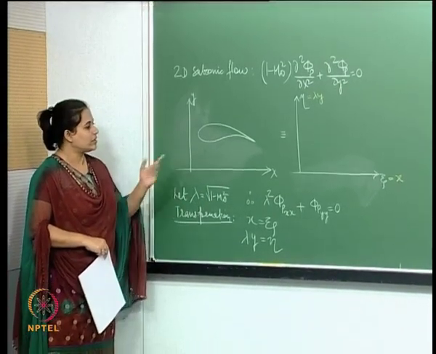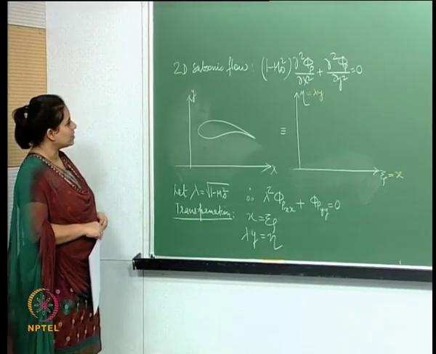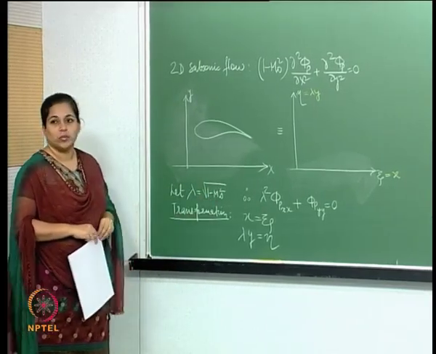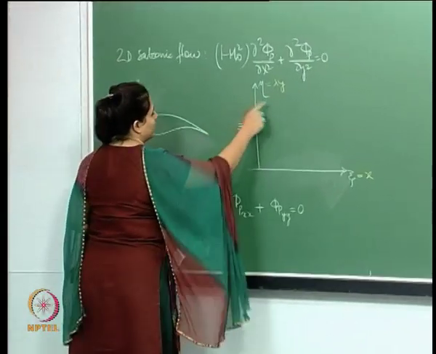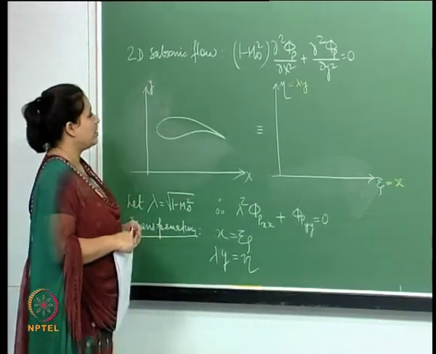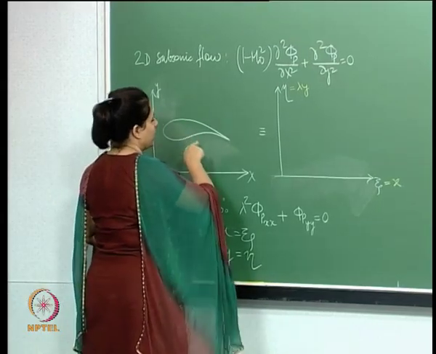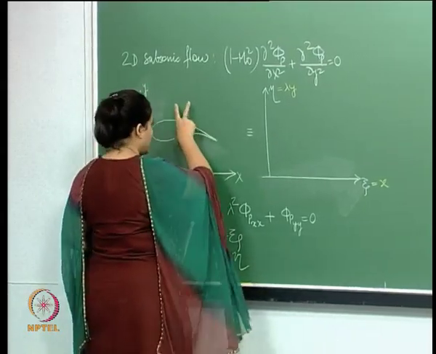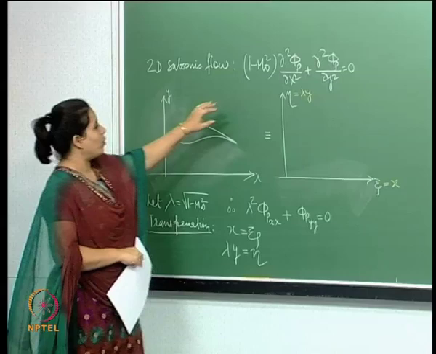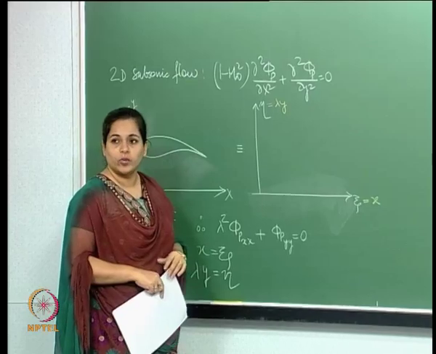So this is a transformation that we are trying to use here. If the y axis is connected to the free stream Mach number in this fashion, and the z axis remains as it is, then two questions. One is what happens to the airfoil shape in the xy axis? How does this transform into this space? And number two is what happens to the governing equation? How does this look in this transformed space?